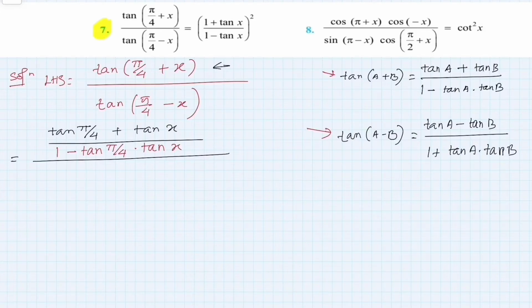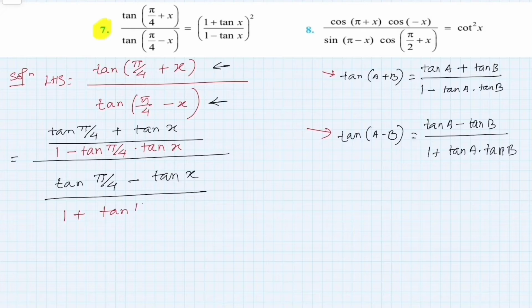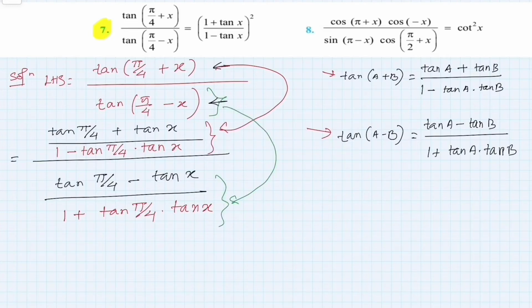Then if you apply tan(a - b) in the denominator, you will get (tan pi/4 - tan x) / (1 + tan pi/4 tan x). Okay, so this numerator is equal to this part, and this denominator is equal to this one. Hope you have understood this.